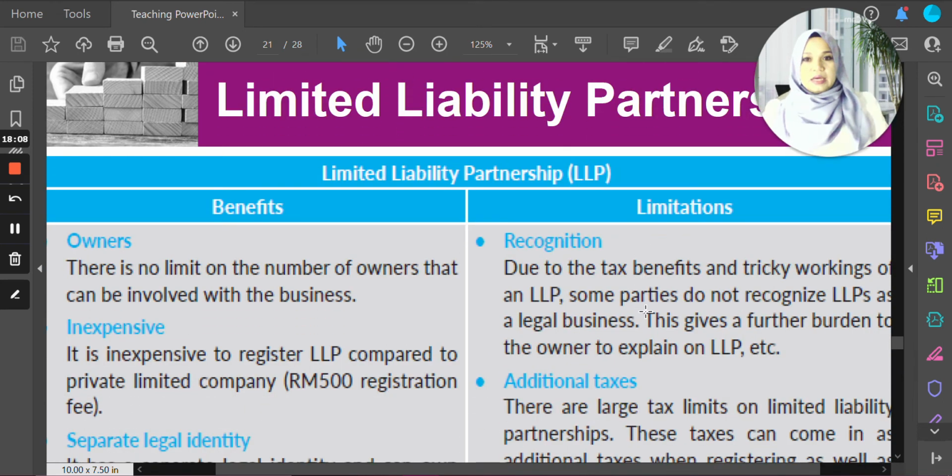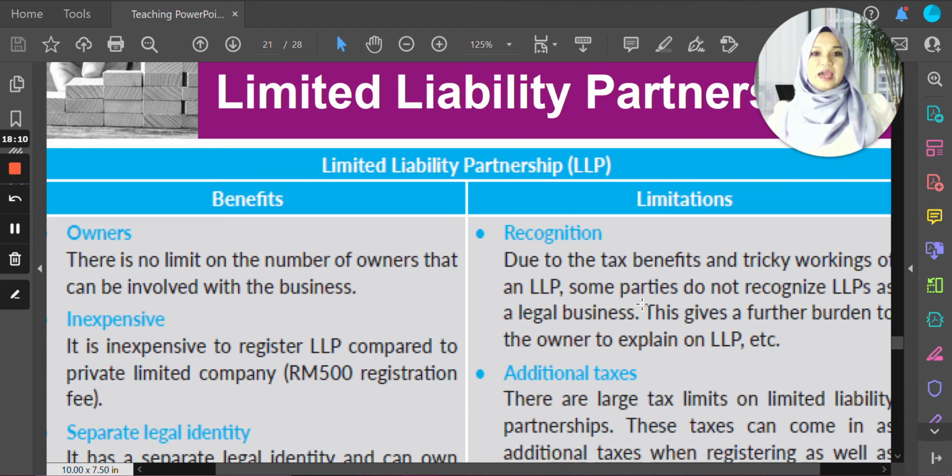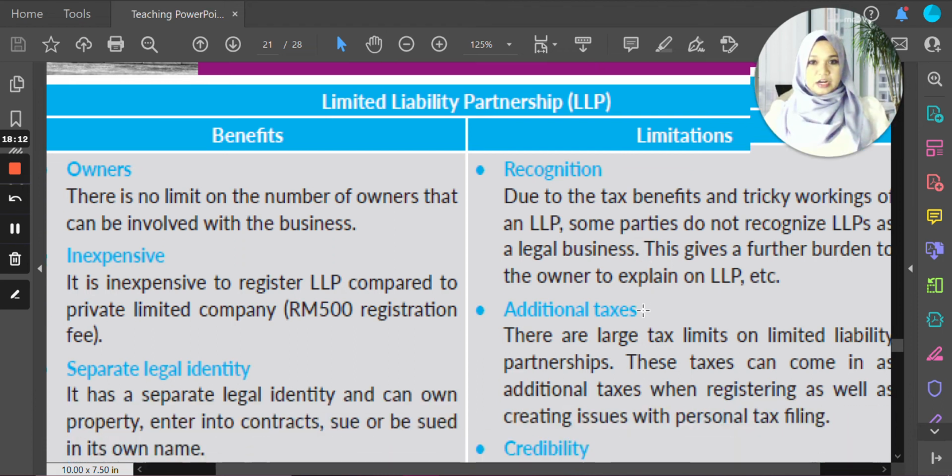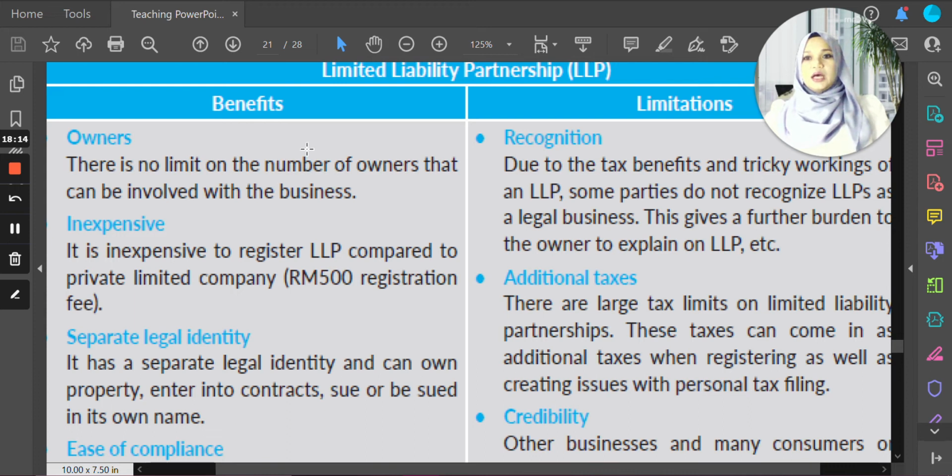Now looking at the LLP, the limited liability partnership, the benefits are that the number of owners is not limited. It is also inexpensive, because compared to opening a PLC, a private limited company, that is much more expensive.